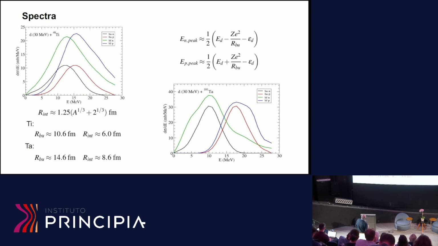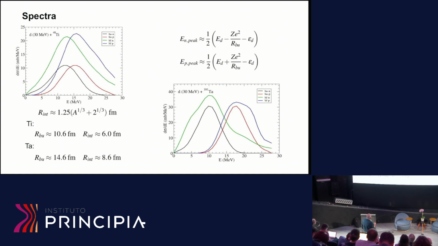If we do it for the tantalum, we find a similar result. It's 14.6 femtometers versus 8.6. So what this seems to say is that although part of the non-elastic breakup could be just a simple stripping to the continuum, to unbound states, there's still a good fraction, at least according to this calculation and these results, that has to be a two-step process, breakup and then fusion.